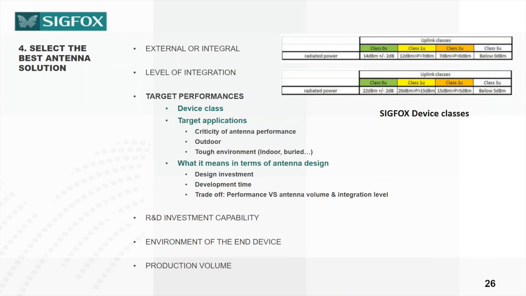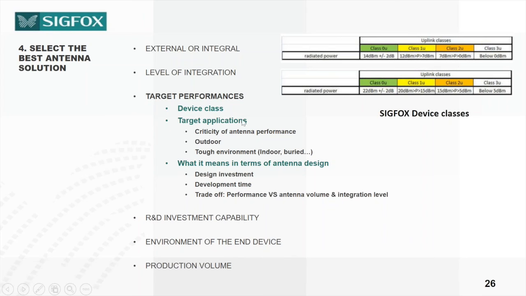Now the target performances. In SIGFOX we have defined device classes. As you can see in these tables, the first one is for the zones where we want to transmit 14 dBm, and the other one is for the ones where we transmit 22 dBm. So for instance, the first one is the HC zone, and the second one could be the FCC zone.